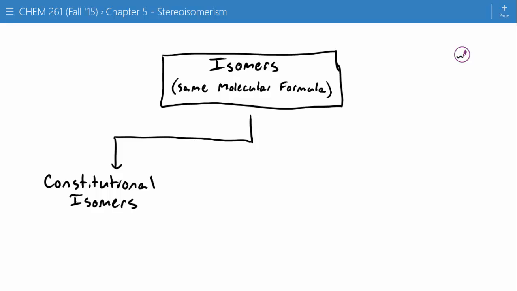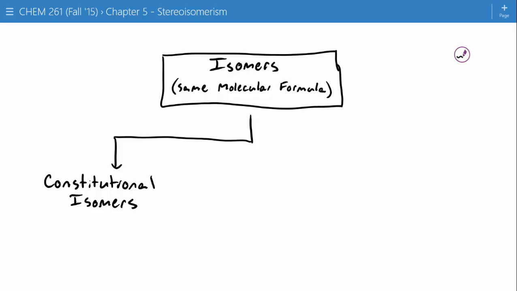So a constitutional isomer has the same molecular formula as another constitutional isomer, but a completely different connectivity, right? Do you guys remember talking about that when we were talking about intermolecular forces? These molecules are radically different from one another. They're not at all alike. We've taken those essential building blocks and we've reordered them in a completely different way.